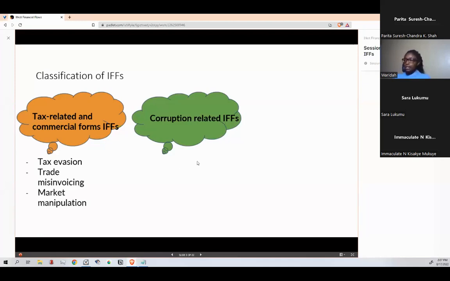And of course, this can be bribery, embezzlement, illicit enrichment, and abuse of function. Of course, we can see mostly these are charges that are commonly had, and we would know a bit of the examples of corruption-related IFFs.